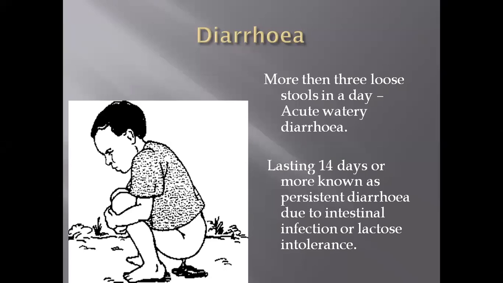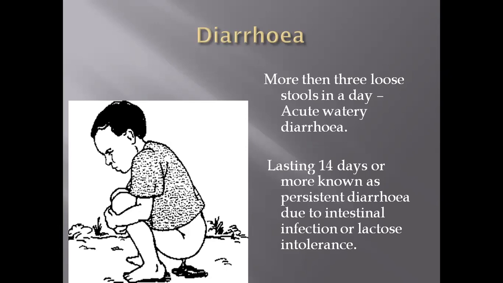But if the baby suffers from more than 3 loose stools in a day, then you have to be alert, and we may call it acute watery diarrhea. Lasting of 14 days or more is known as persistent diarrhea, due to intestinal infection, any complication, or lactose intolerance.